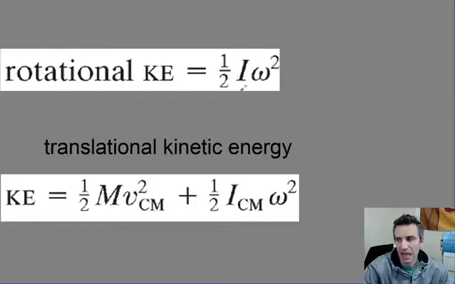But it's not m. This is the rotational equivalent of mass, which is rotational inertia, and this is the rotational equivalent of velocity, which is angular velocity. By the way, rotational velocity and angular velocity are the same thing. You can say either one. Usually angular velocity is the term used, but one is not more right than the other.